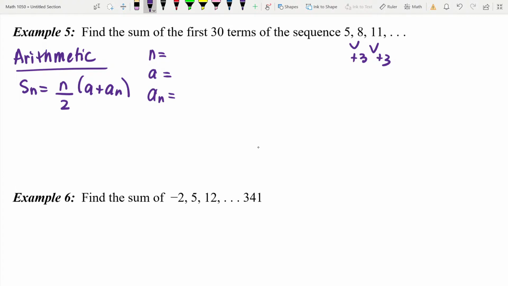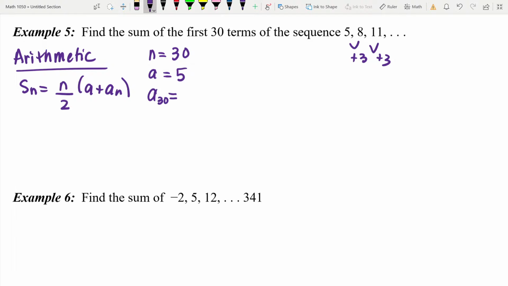N is 30. A is the first term. Somebody tell me what the first term is. 5. A sub n, well, grab your eraser, because now I know that n is 30, so I'm really looking for a sub 30. Someone tell me what a sub 30 stands for. This is where people start getting confused.